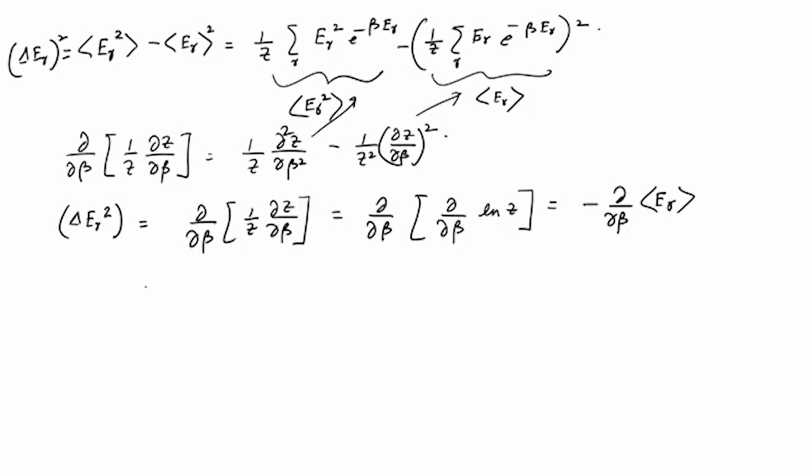And E_R is nothing but the internal energy U, so this is del U del beta. What we can do is calculate this as minus del U del T and del T del beta, with beta equal to 1 over kT.